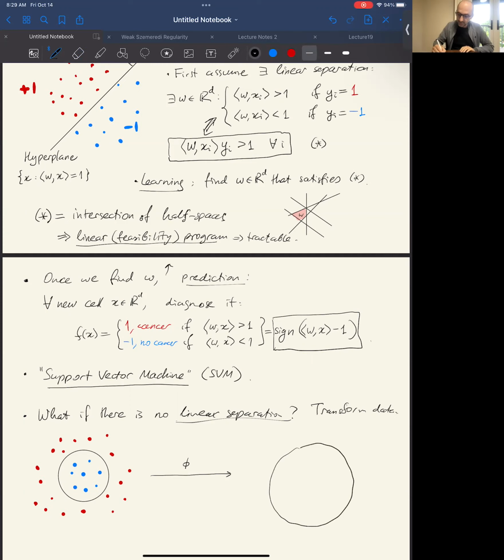I just put the points on the sphere in 3 dimensions.